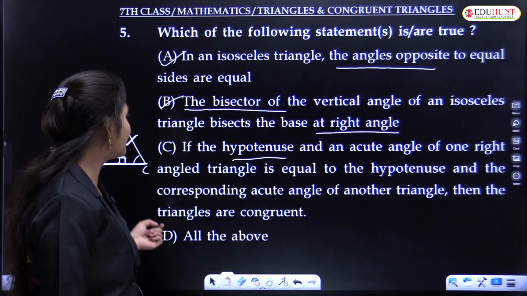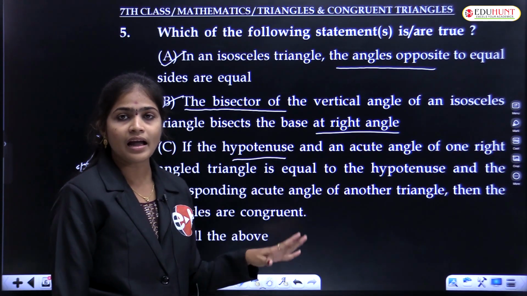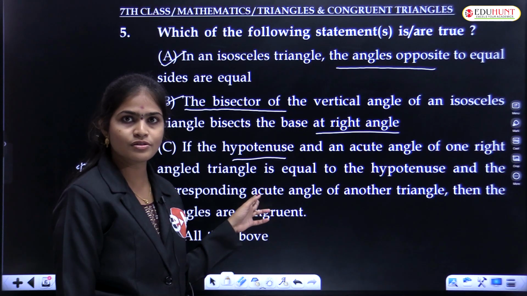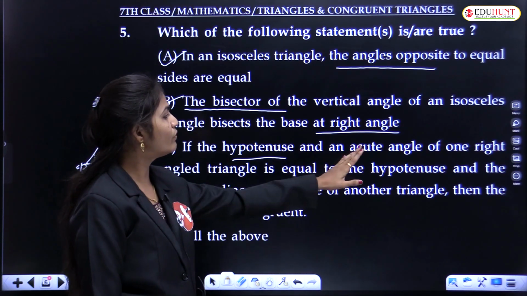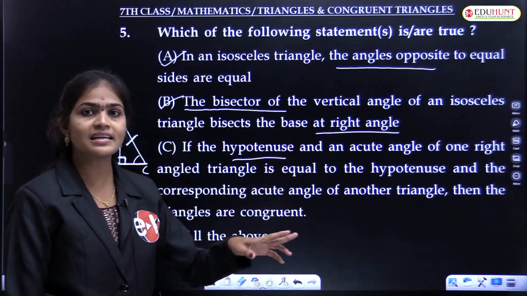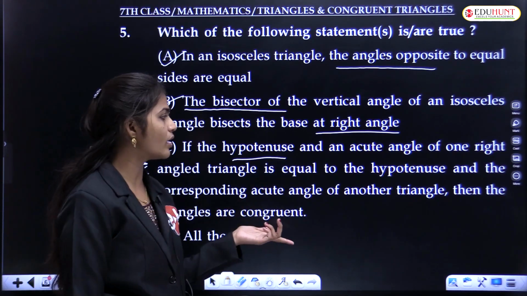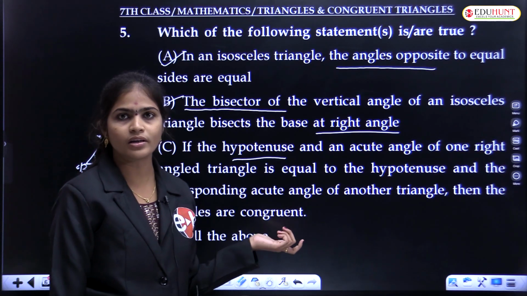But here they are saying that the two hypotenuses are equal, and in the same way one of the acute angles is equal, and the right angles, 90 degrees, are equal. So are those two triangles congruent or not? Those two are congruent.